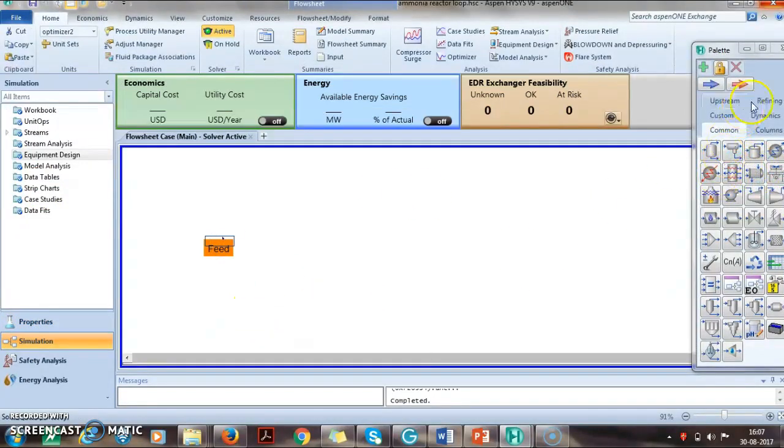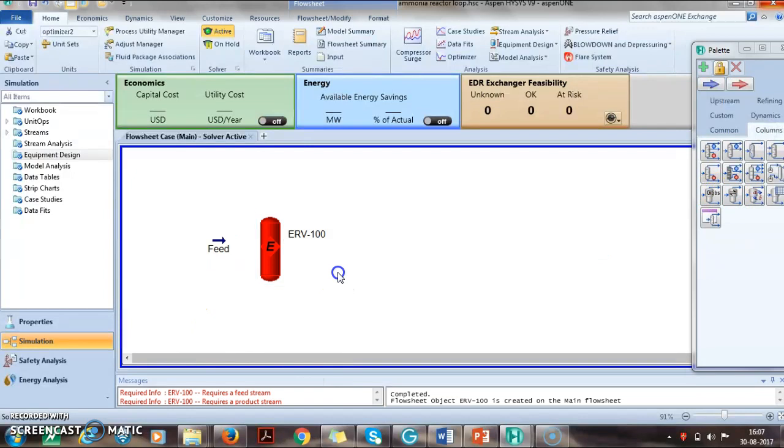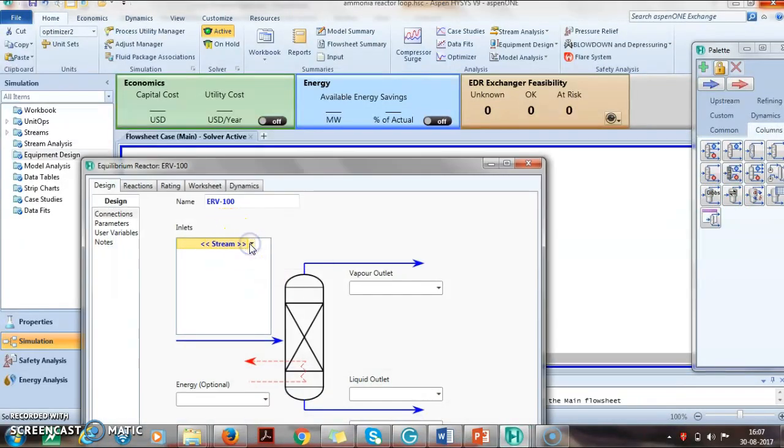We take an equilibrium reactor, which is available in the columns, and the feed enters. Let's say this is V out, L out, and Q reactor, or let's say QR.